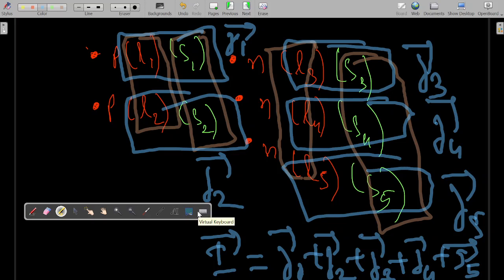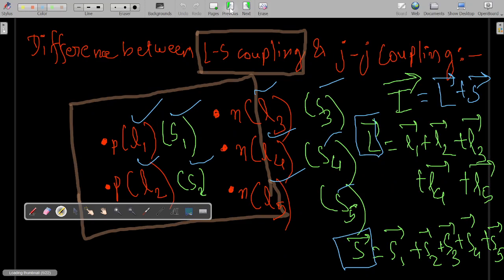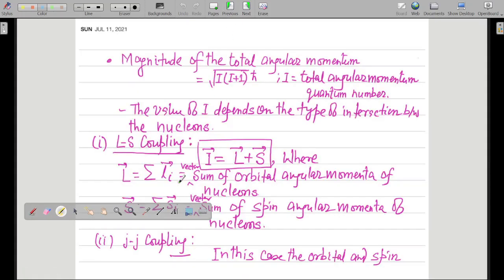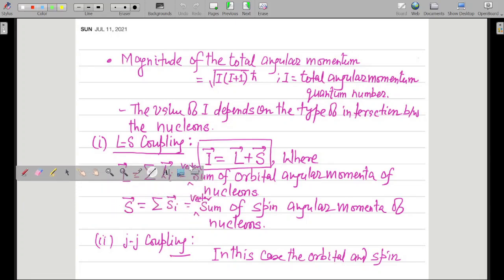So this is the difference between LS coupling and JJ coupling. Hopefully you understood. I will be equal to J1 plus J2 plus J3 plus J4 plus J5. That is the difference between LS coupling and JJ coupling, and that is what has been written in these slides too.